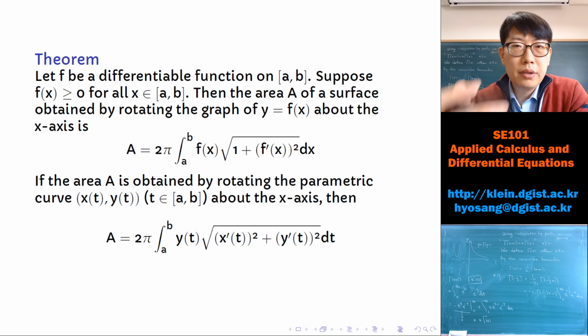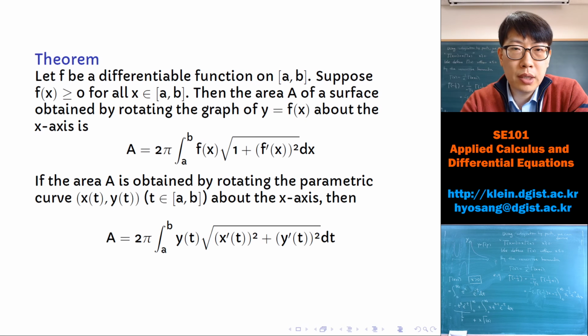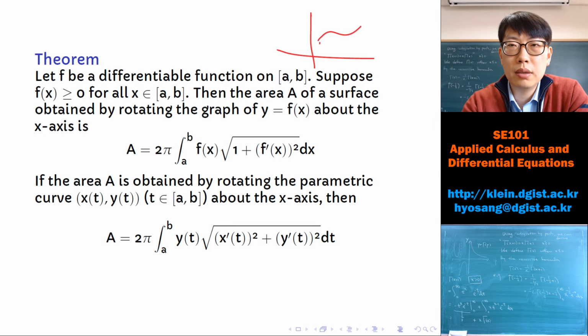Now this is another theorem, to compute the area of a surface. So you have a 3D object, and we are going to take the surface area. First of all, let's take the graph of a function, say this way, from a to b, and we are going to rotate this graph about the x-axis.